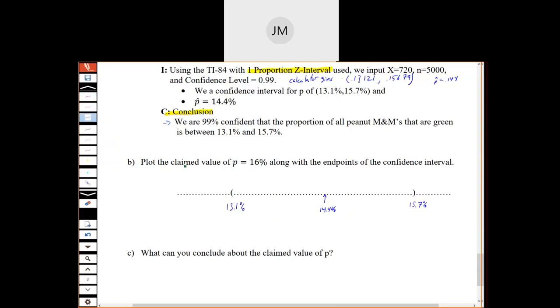And then what I need to do is plot the p that was claimed, 16%. I can see that that's bigger than 15.7, so that's going to be over here.